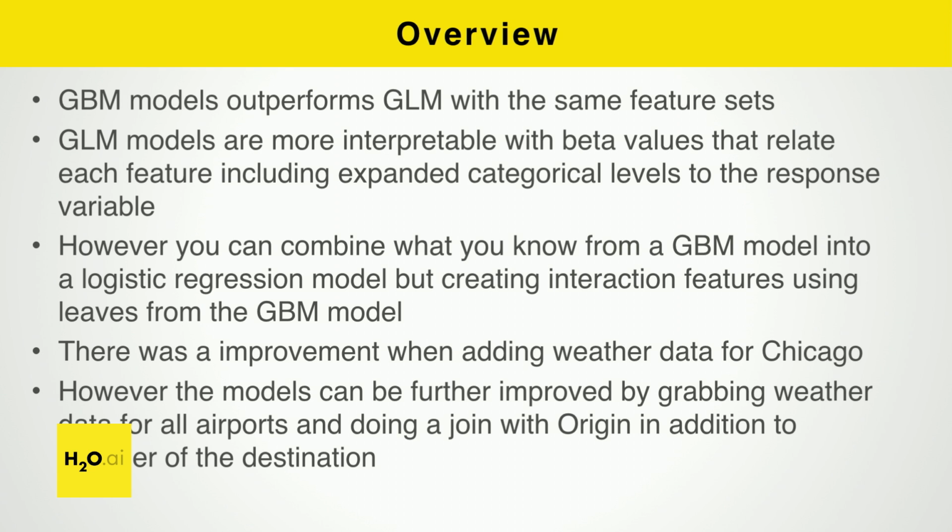But what you can do with H2O is combine the two models for a model that has the nonlinear interactions as features in a GLM model. So what you end up with is possibly a more performant GLM model because you use this output from a GBM model, but it's still interpretable for a front-end user. And this is particularly important if you work in an industry like healthcare or in marketing analytics.